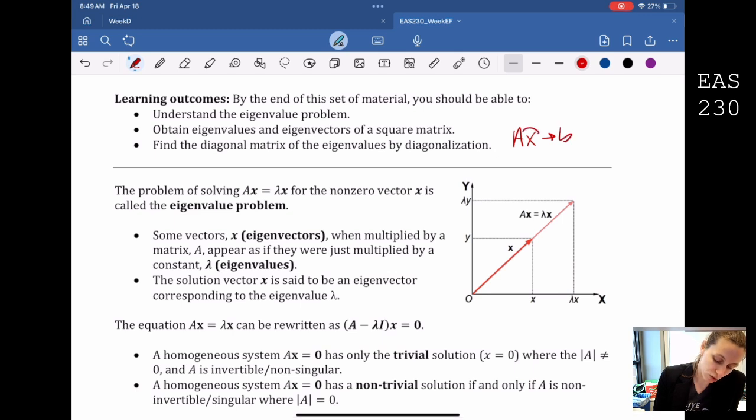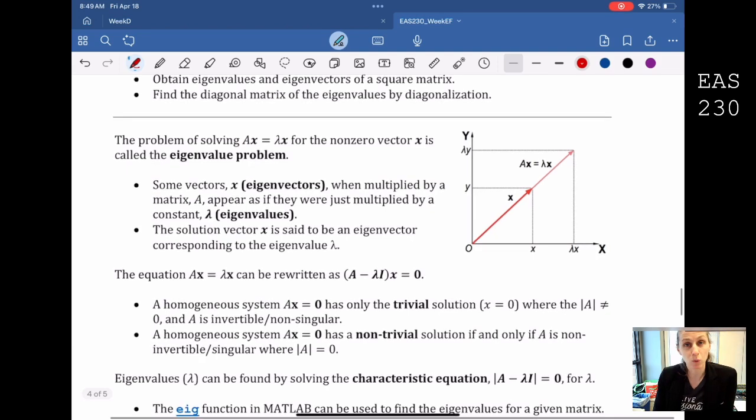We're saying, okay, transform X by multiplying by a matrix to move it somewhere else in space. Sometimes, though, there are vectors where when we multiply by a matrix, it doesn't move in space, it just moves in the same line. So if I take X and I multiply it by a matrix, it just appears to have been scaled. Okay, where it shifts somewhere along this same line.